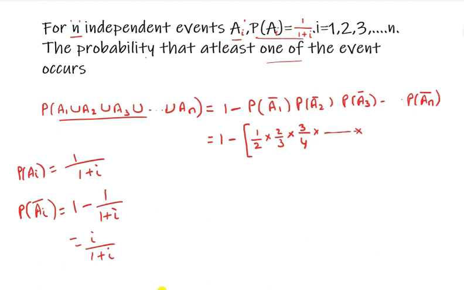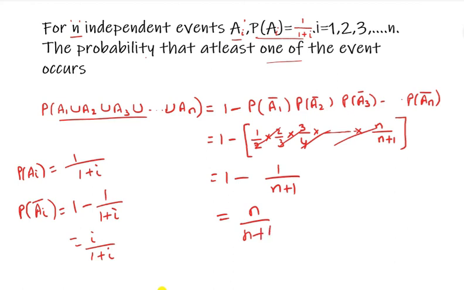If you continue, finally you will get An bar is equal to n by n plus 1. Now you can observe 2 cancel, 3 cancel, 4 cancel and so on, n cancel. We are getting 1 minus 1 by n plus 1, that is nothing but n by n plus 1 is going to be the answer.